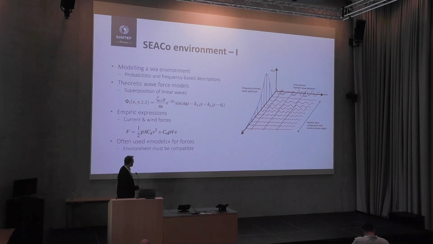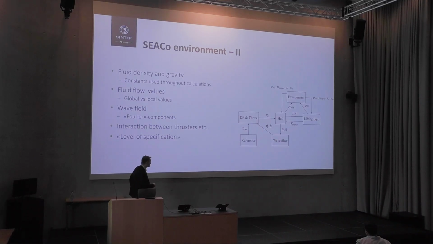This one would describe only one wave, but typically we will have 50, 100 or so. It's very efficient on its own, but in a co-simulation setting, it's a bit different. Our environment description must be compatible with the body of theory and knowledge we use.